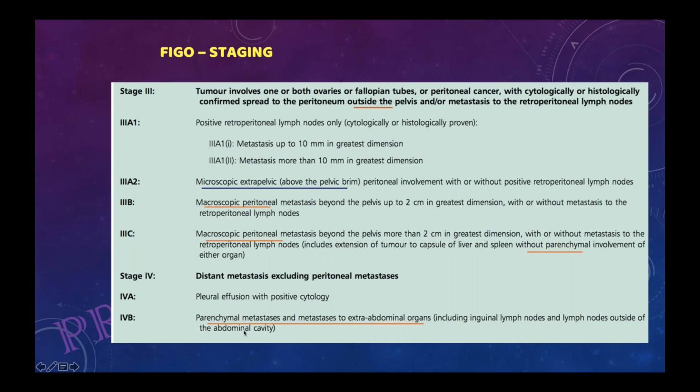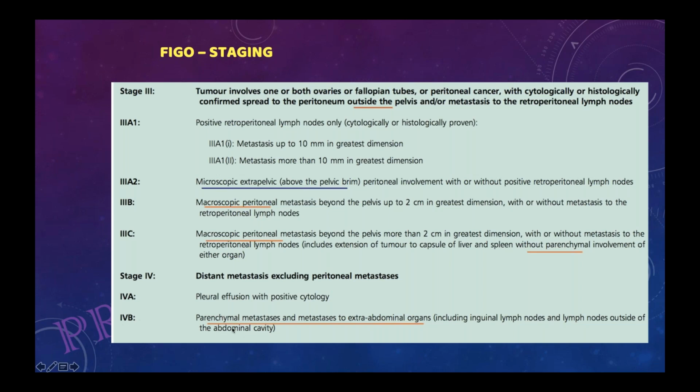When we read squamous cell carcinoma, inguinal lymph nodes are involved at a very early stage because that is the outside cancer. But this is abdomen cancer, inside the abdomen. If you are able to see inguinal lymph nodes, then you are at a very high stage, 4B.